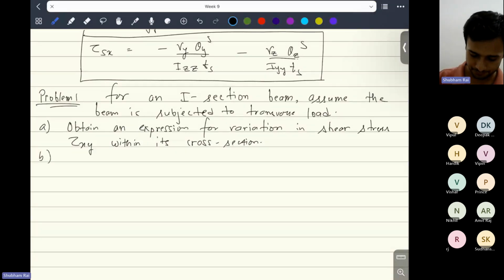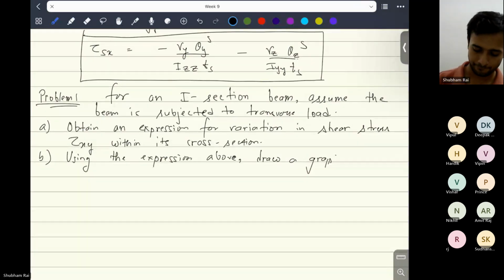In the second part, using the expression found in part A, we have to draw a graph depicting qualitative variation.